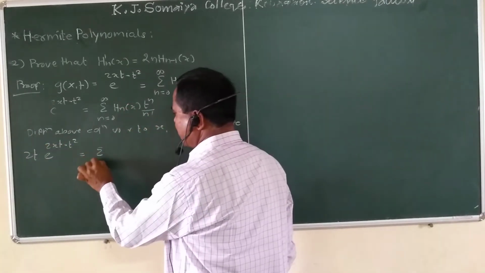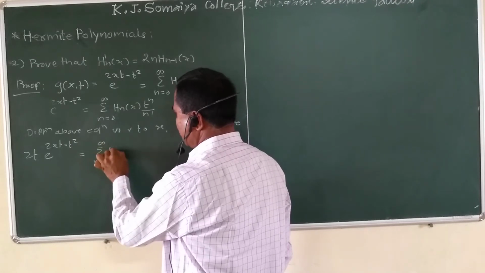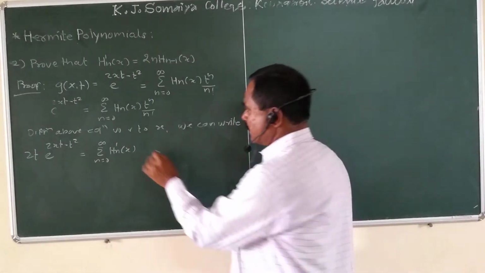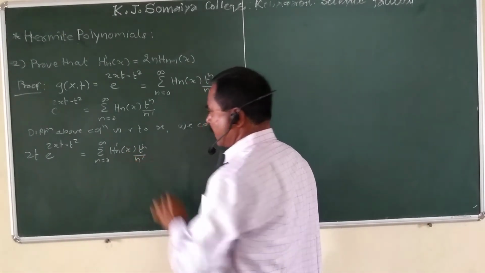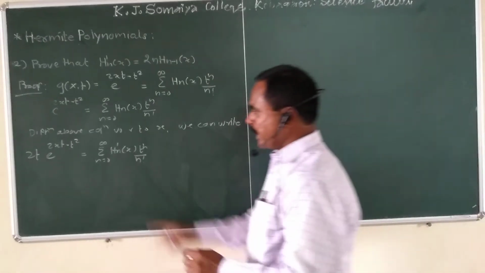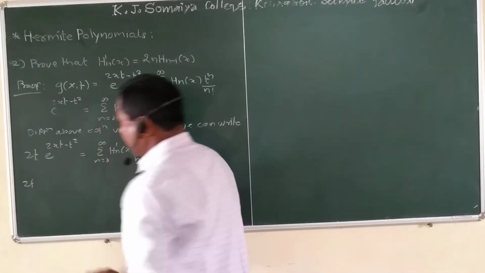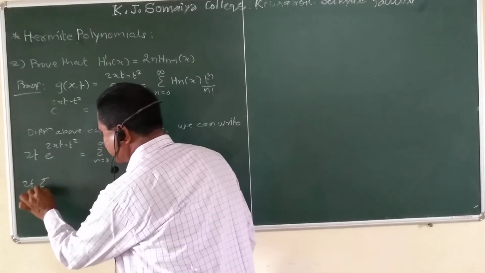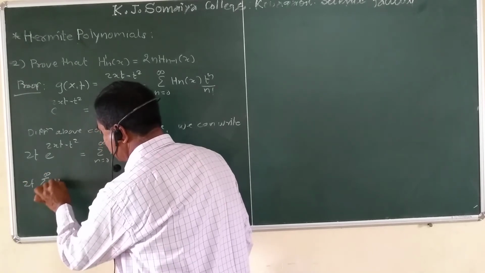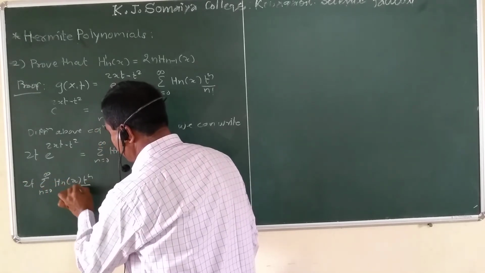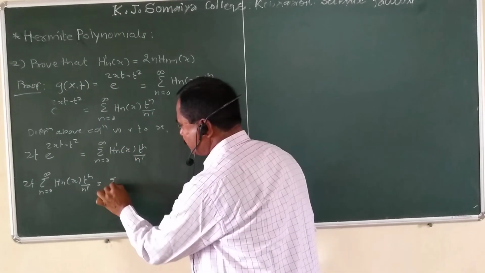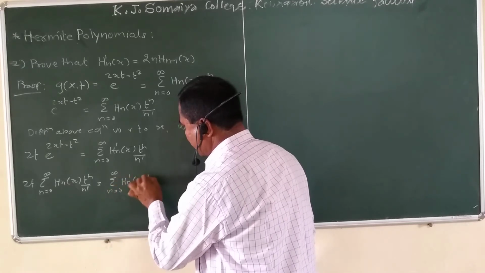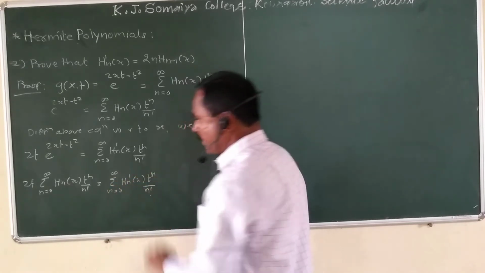to summation n from 0 to infinity Hn dash x, where dash denotes differentiation, t raised to n upon n factorial. Okay, so in the next step we write 2t, then we substitute e raised to 2xt minus t square as a power series, so summation n from 0 to infinity Hn(x) t raised to n upon n factorial, equal to summation n from 0 to infinity Hn dash x t raised to n upon n factorial.